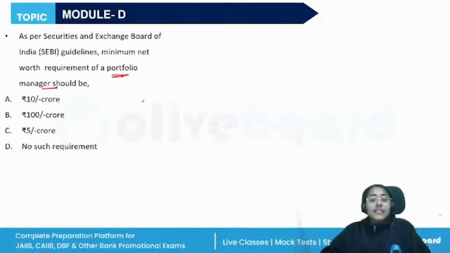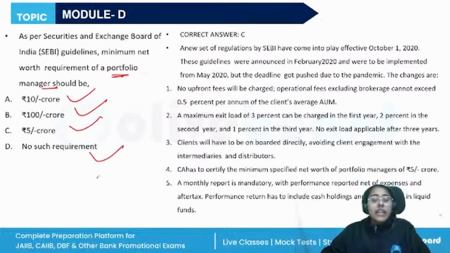Is it rupees 10 crore, 100 crore, 5 crore, or is there no such requirement? So actually the minimum net worth required for a portfolio manager should be rupees 5 crore. Right? Rupees 5 crore. So SEBI has come up with new regulations effective from October 1, 2020.